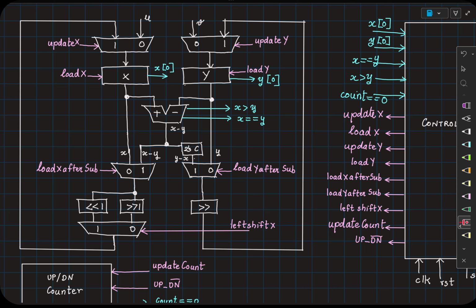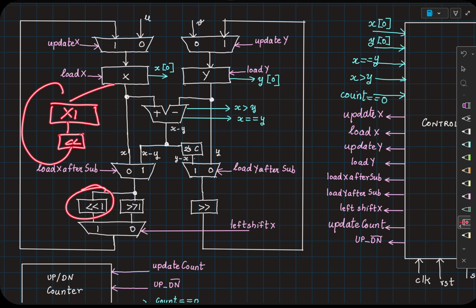So one of them was, instead of trying to do both the loops using the register X, what if I complete the first loop using X, and the second loop where we did 2 power count into X by storing this into a separate register, and then so maybe I will call this X1, and then doing the left shifting operation based on this. So the left shifting operation will not be part of this loop. You will store this into another register, and then you will do the left shifting there, and then we will have some sort of update it or retain the value, etc.